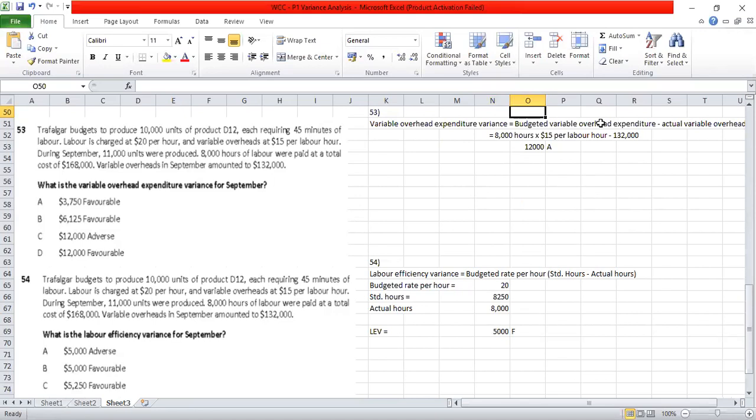When the output itself is different, we apply it at that rate. What you have said is also tested, but that is because fixed cost doesn't change proportionately. There, whatever is planned is compared with whatever actually happened. That becomes a part of the fixed overhead variance, not the variable. Okay, thank you.